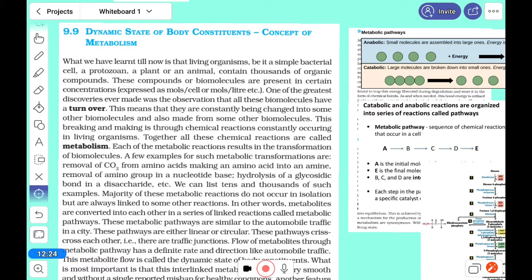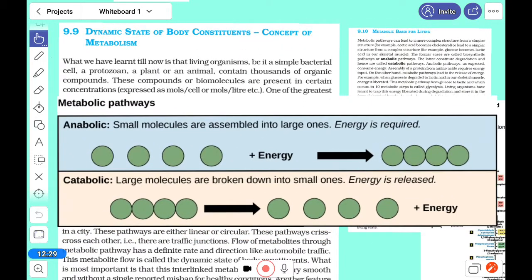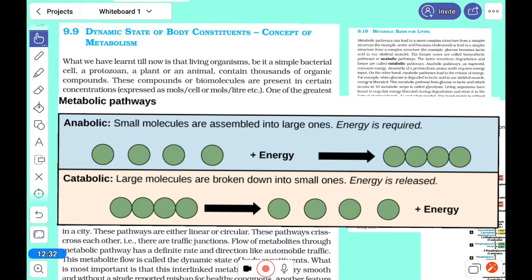In a very simple way, if we discuss the metabolic pathway, there are two different pathways: anabolic and catabolic. In the anabolic pathway, small molecules are assembled into large ones with the help of energy. Energy is required, so these are joined together into complicated forms.